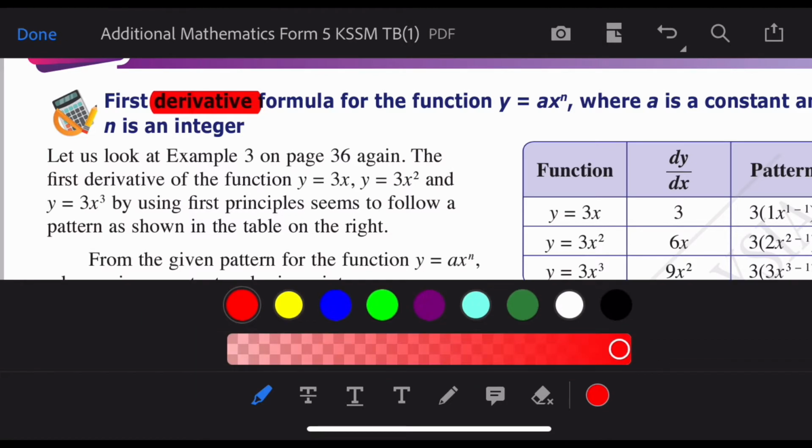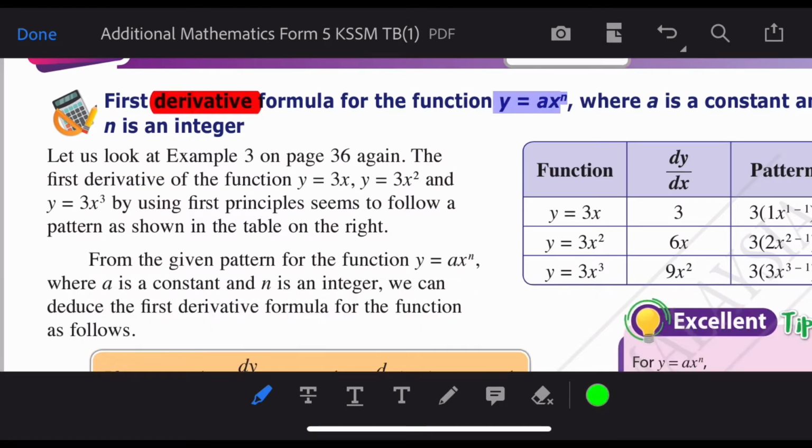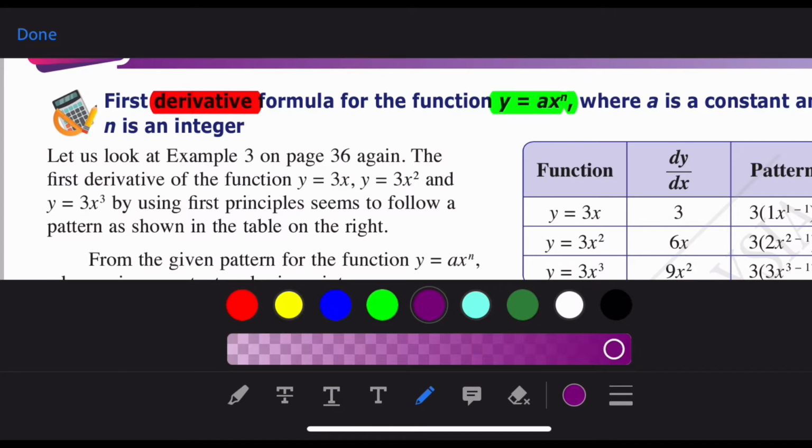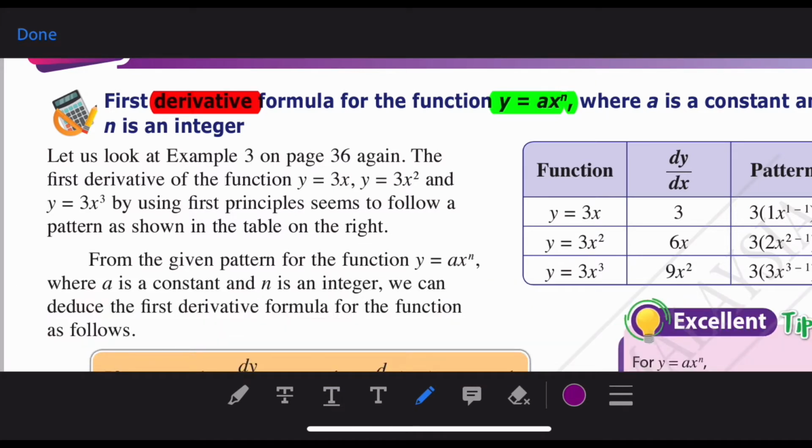Whenever you want to do a derivative, you must make sure you have what we call the power form. Why do I call it power form? Because from the term I can see the n, there is a power. So it's very important that you express in power form so that you can use the formula.